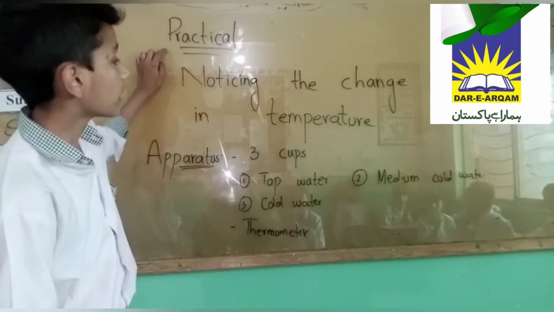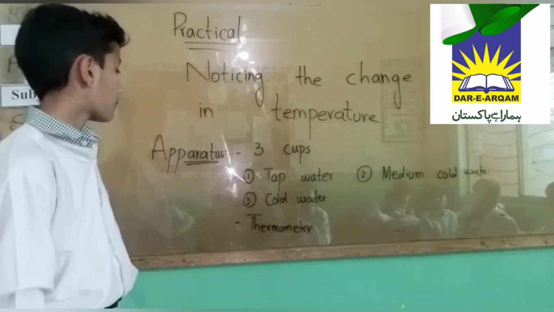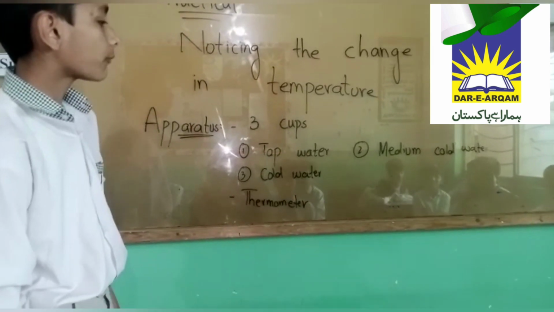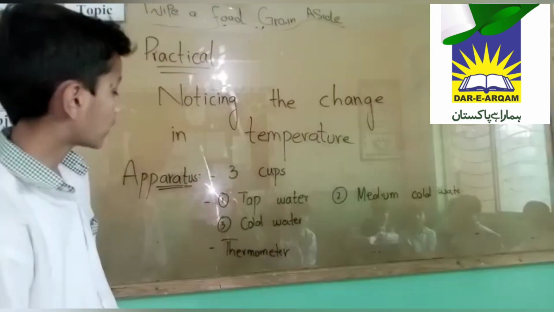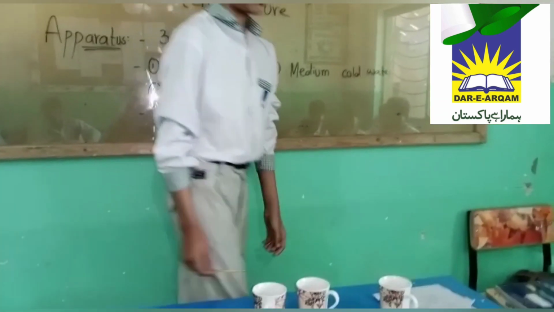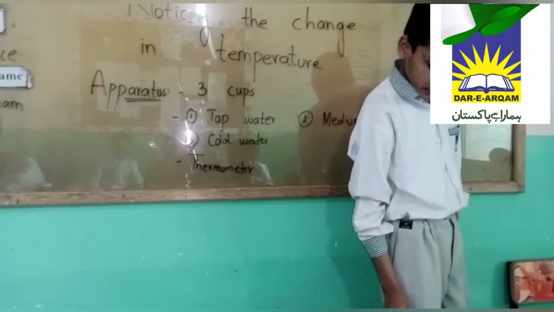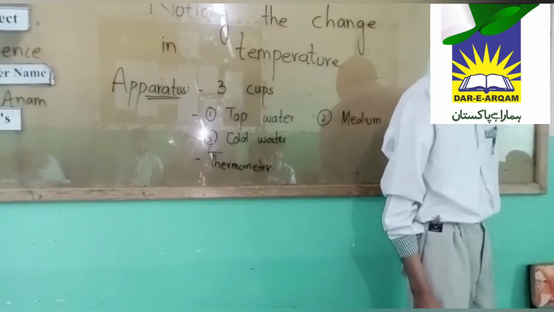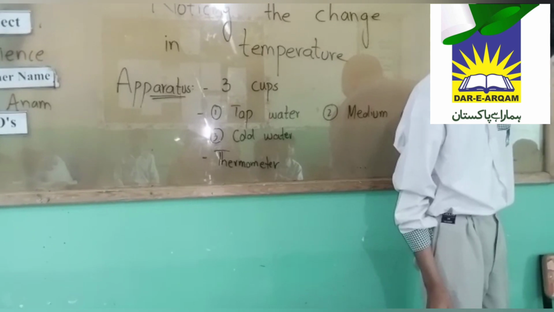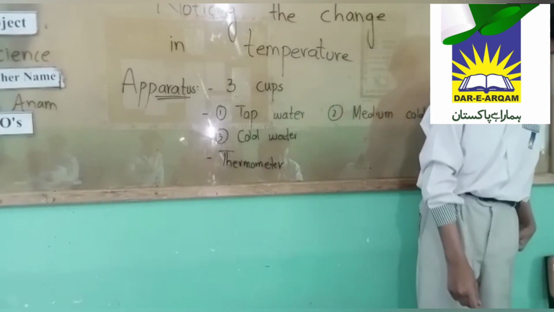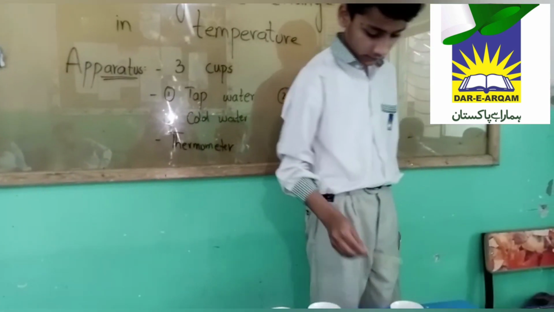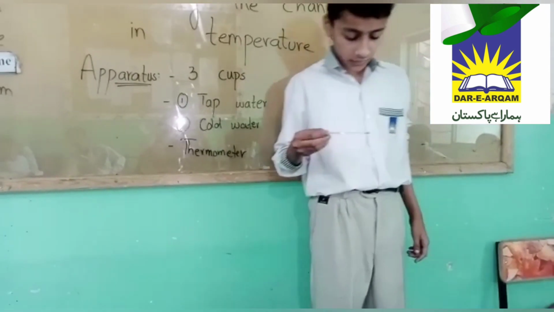Thank you. I am in class 5B. Practical: noticing the change in temperature. Apparatus: 3 cups. Number 1 tap water. Number 2 medium cold water. Number 3 cold water. Thermometer. We have first cup having tap water, second cup medium cold water, and third cup cold water.